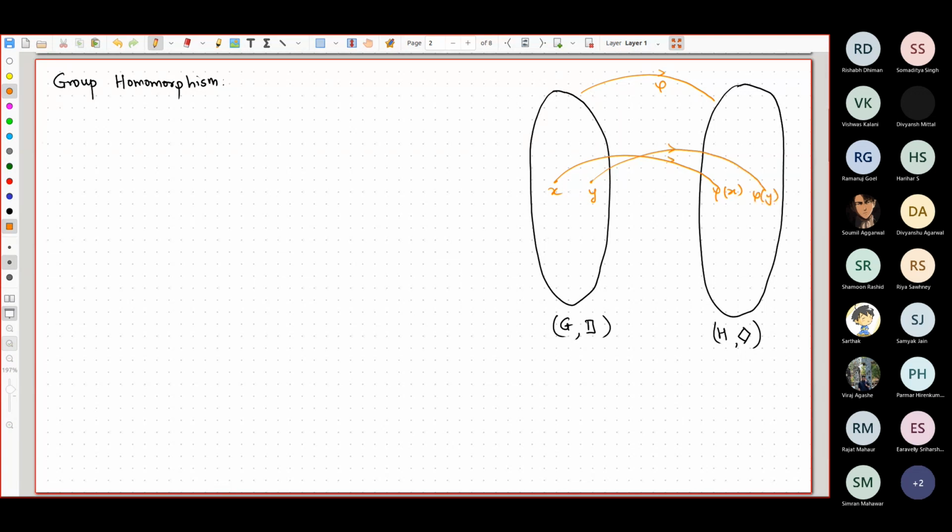What should happen for every x and every y? The quantity x square y in this group should get mapped to exactly phi x diamond phi y in the other group.